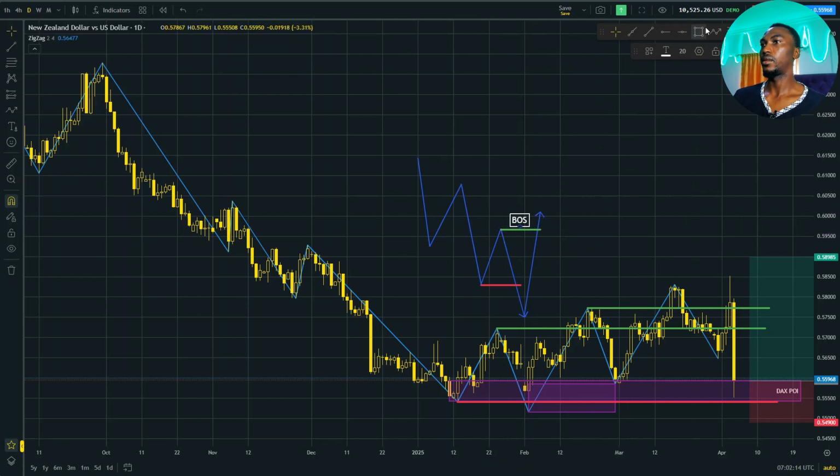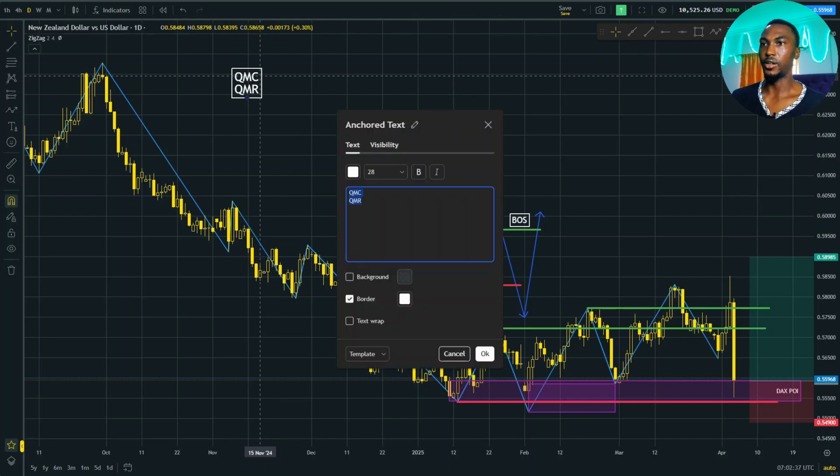Now, for QMC, I'm putting it here. There's QMC, there's QMR. Both of them are Quasimodo techniques, but one is continuation, the other is reversal.